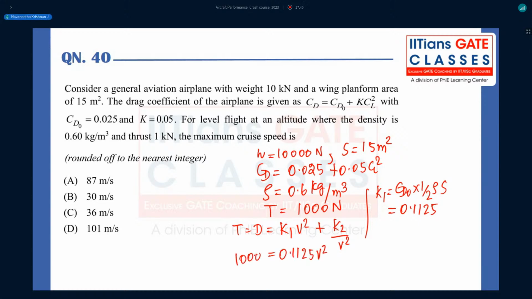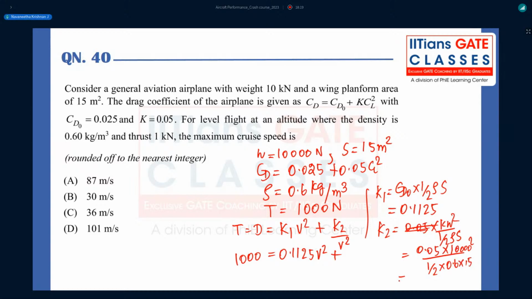Thrust is nothing but 1000 Newton, plus K2. K2 is nothing but K into W square by half rho S, where K is 0.05, W is 10,000 Newton, 10,000 the whole square by half, density is 0.6, wing area is 15.